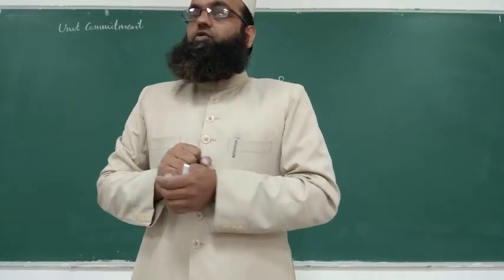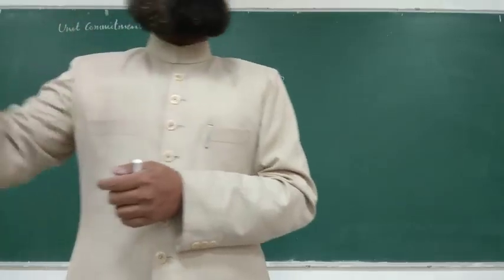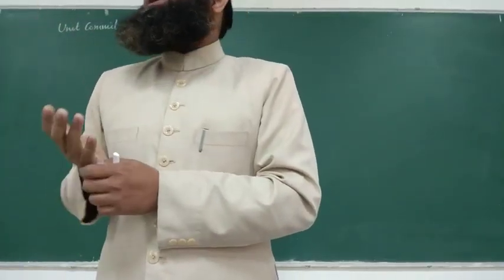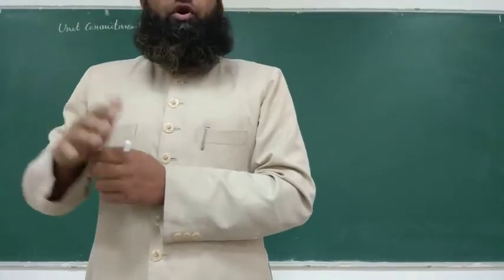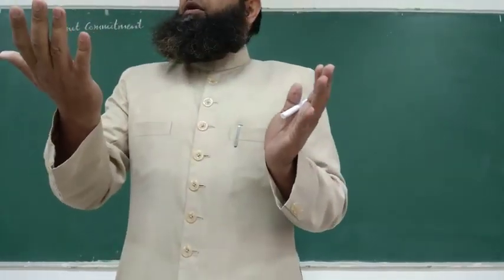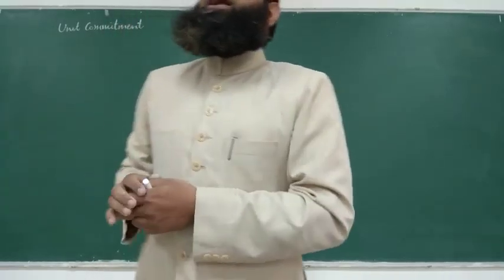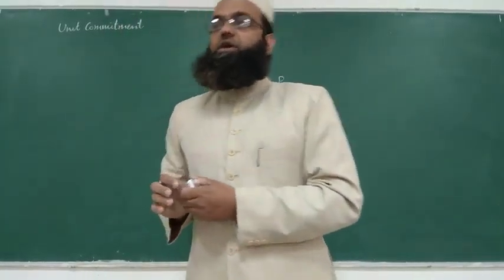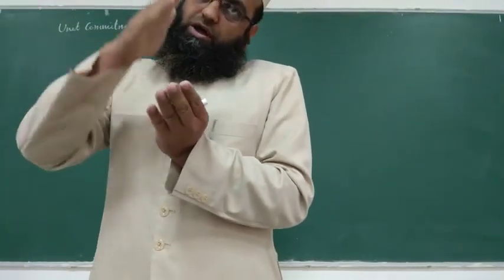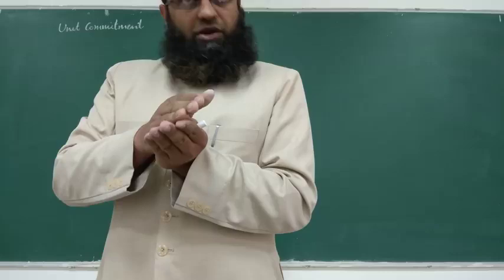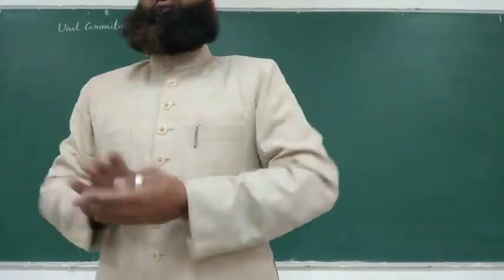So step number 1 is optimal selection of the combination of units. Is it not? That is done by looking at a unit commitment table. How a unit commitment table is prepared, we will discuss today: on what basis we are going to select the combination of units for various demands. The demand on the station may range from the lower limit of the smallest unit to the sum of the capacities of all units.